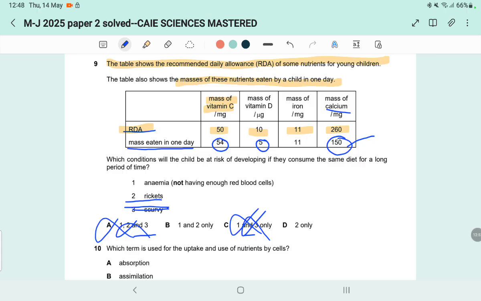So of course rickets. I am verifying my answer before looking into the mass of iron. I know that my answer will be rickets. Iron, well, it's the same, so there is no chance of having anemia. You will not even have anemia because you have iron at the recommended daily allowance. So rickets only will be the final answer.